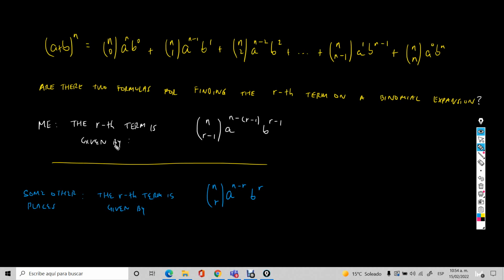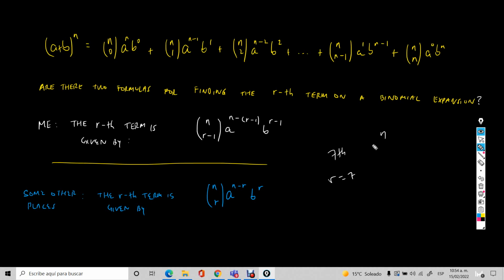The rth term is given by this formula, and by the rth term I mean any general term that you need to find or calculate. If you're looking for the seventh term, then basically replace this r by 7, and this formula will give you directly how that term should look.